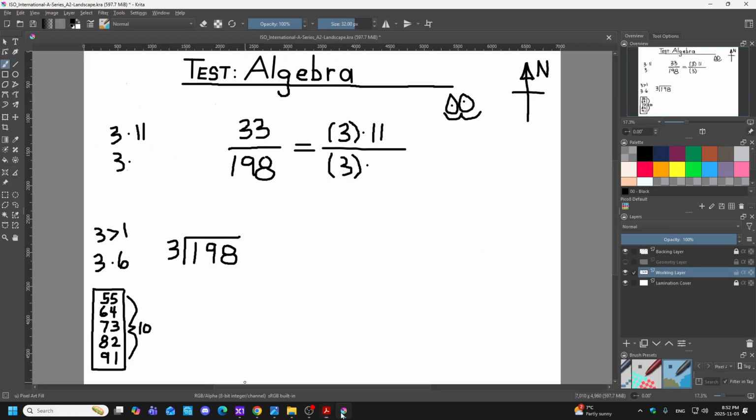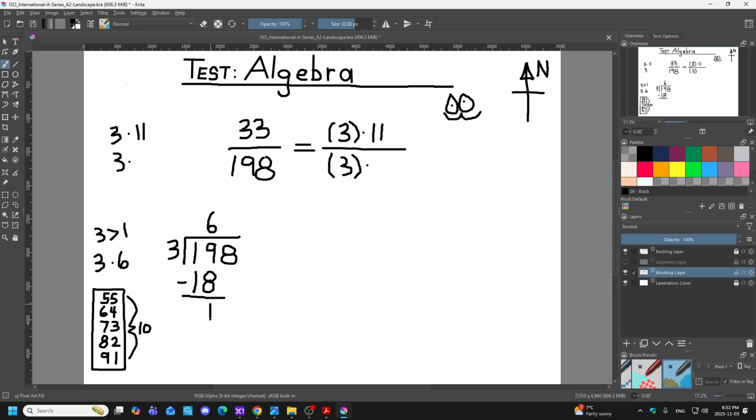That's too much. So 3 times 6, always put the number in line here, not here. And subtract. With division, you always subtract.